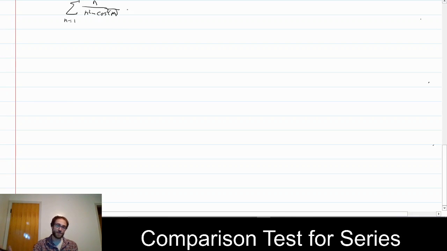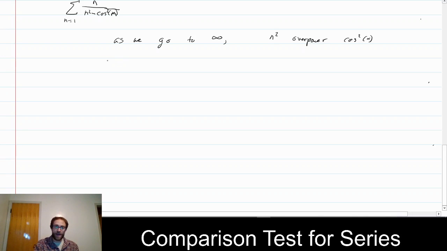Now, as we approach infinity, n over n squared minus cosine squared, n squared is going to overpower cosine squared.